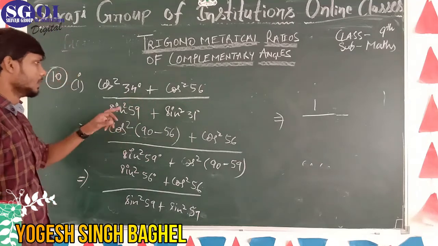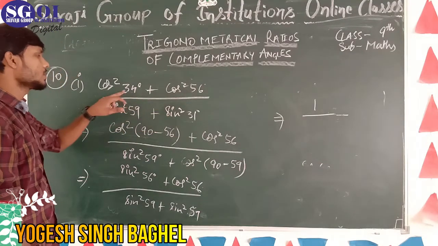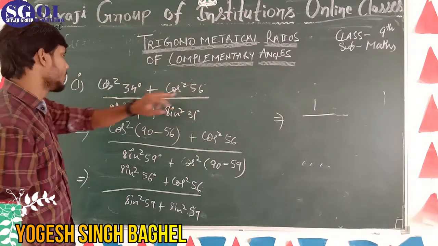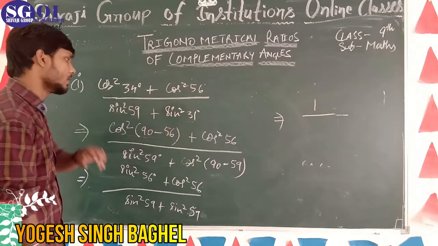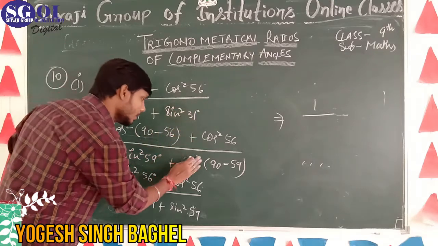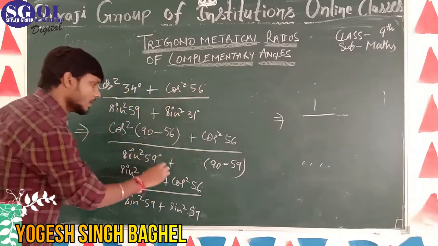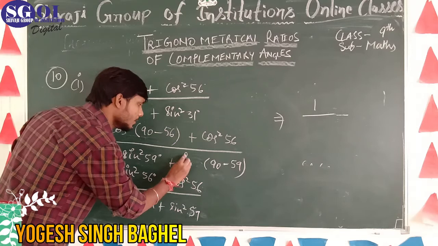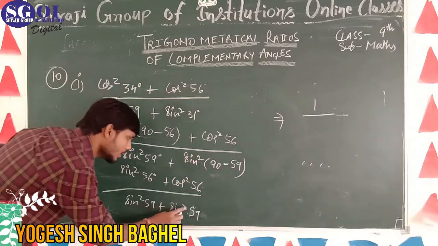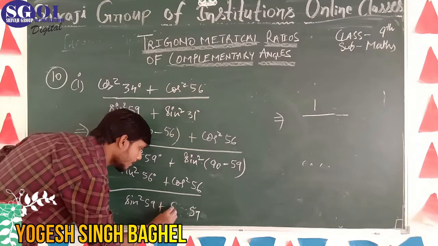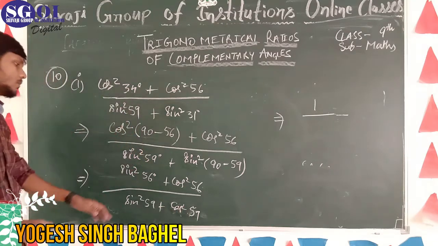Students, there is some mistake. Cos square 34 degree plus cos square 56 degree upon sin square 59 plus sin square 31. So sin square 31 is here. That means sin square(90 minus 59), so it comes cos square 59. Okay, students, cos square 59.